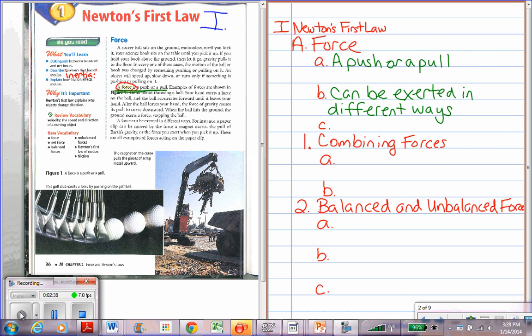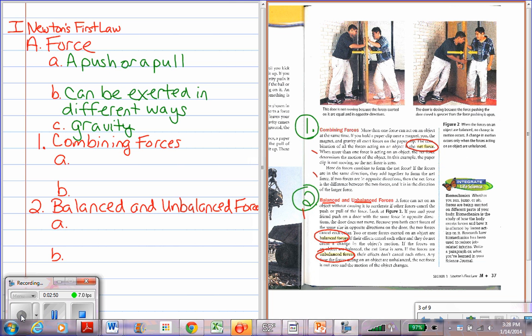Okay, and the last one, a major force is gravity. Gravity is a force. Okay, very good. Now we're going to move on to the next page.